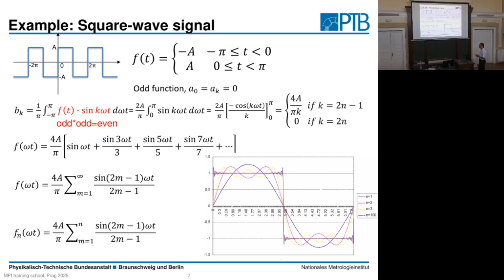if we do this only until n, yes, then we can see a sharp edge forming at this position here. Yes, we need the higher harmonics. We have to add a lot of these components. And this effect we have also in the reconstruction of MPI.